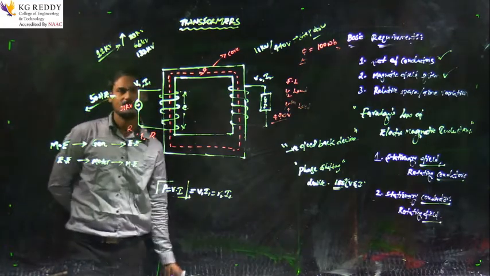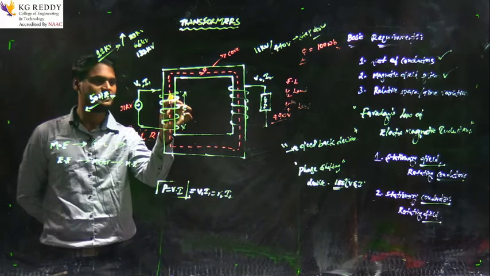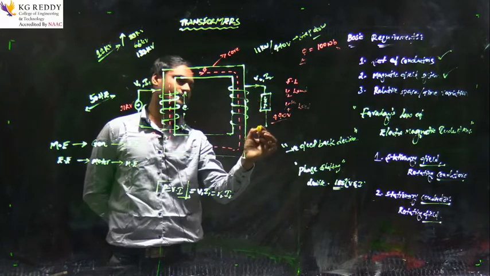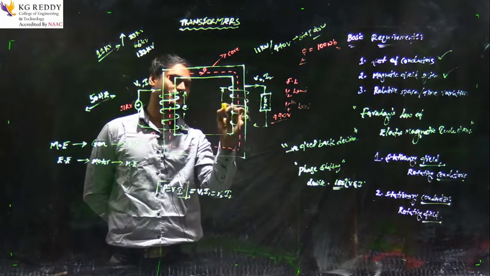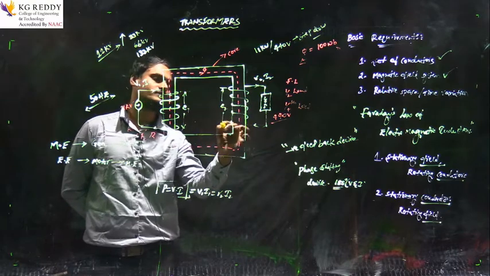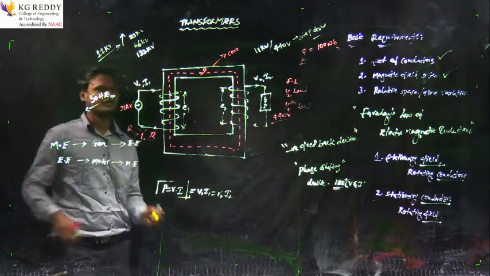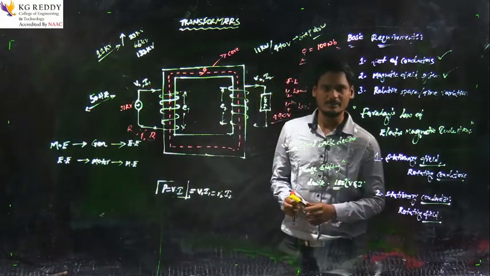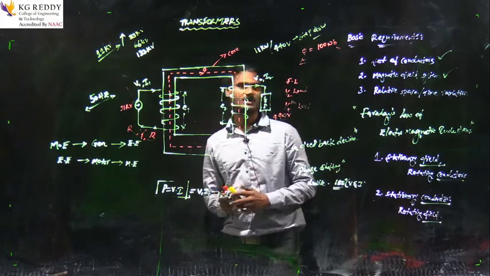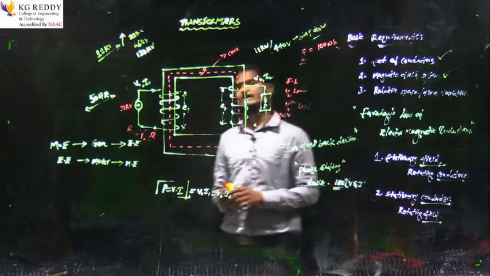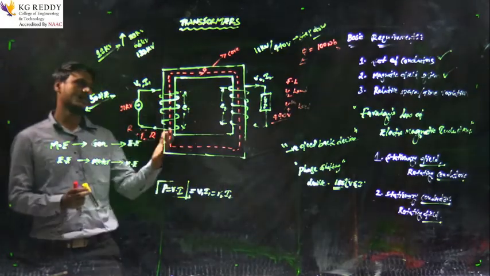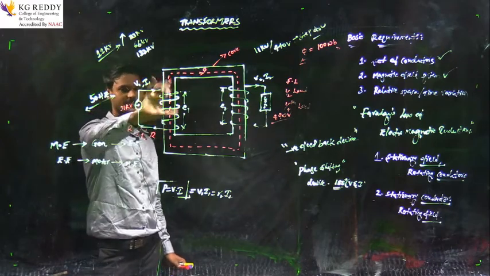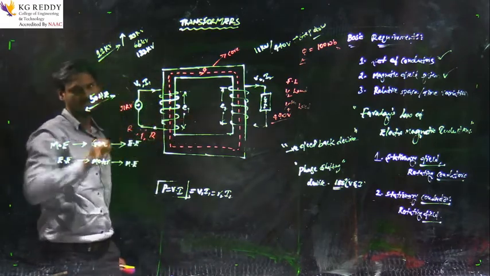Now, there should be current direction, right? Like this. And here also you will get the E1 and E2. Is it clear? Yes, exactly. So what is the first law of Faraday? Whenever the conductor is placed in a magnetic field, the conductor will cut the flux across it and EMF will be induced in the conductor, right? Now here you can observe these are the conductors, these are placed in a magnetic field and EMF will be induced in this conductor.